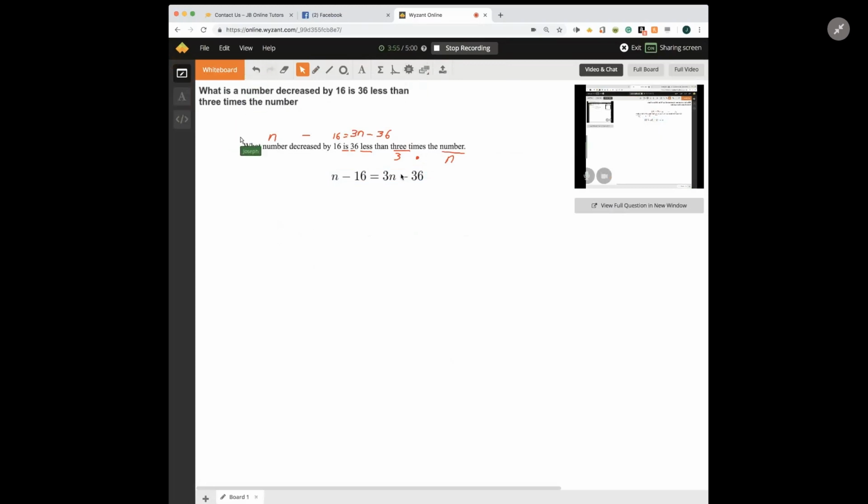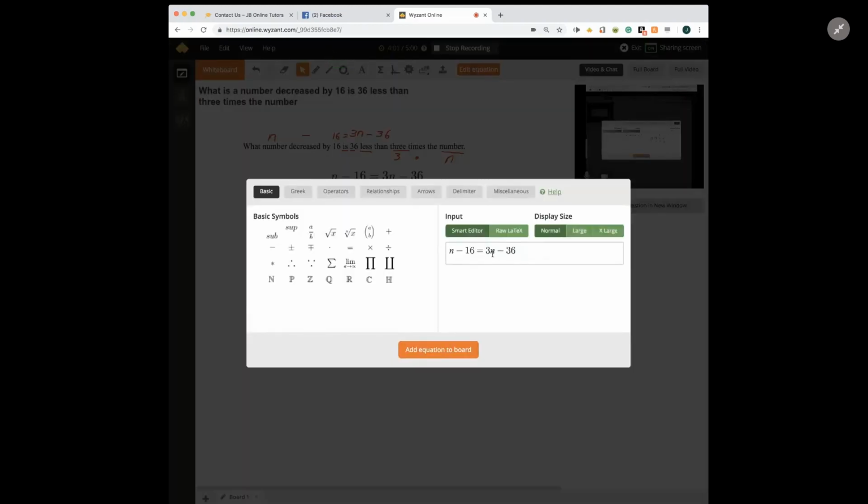So I'm going to copy this, paste it here, and then edit it. I'm going to add 16 to both sides. This will eliminate 16 from the left-hand side.